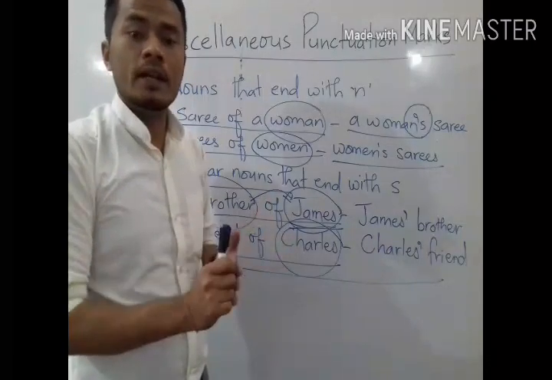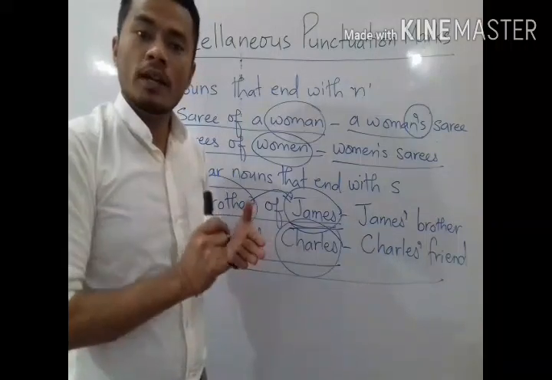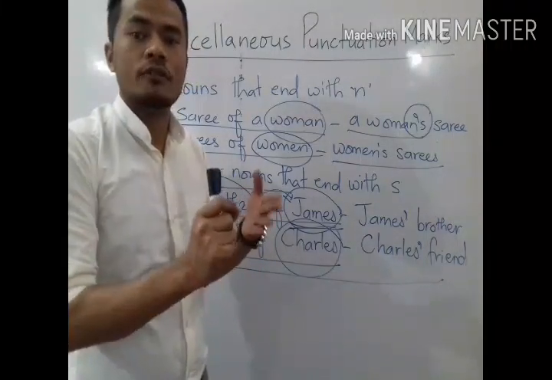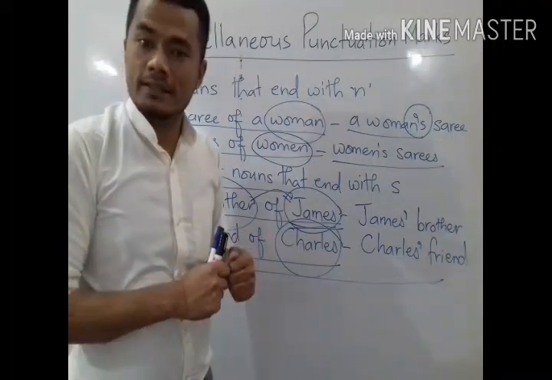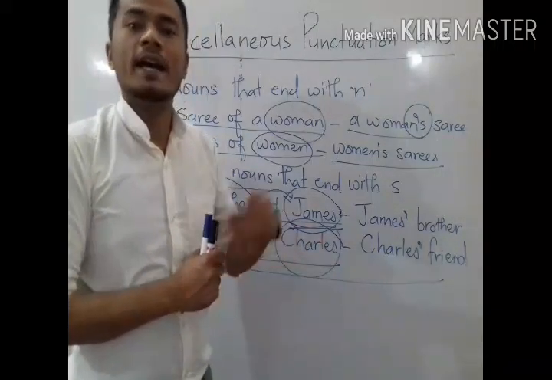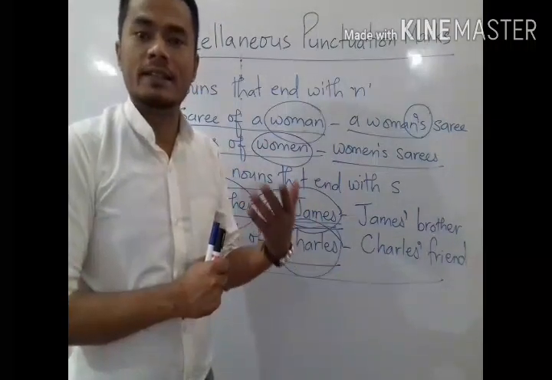But if the plural nouns do not end with s, they also need apostrophe s, and if the singular nouns end with s, we need only an apostrophe. Okay, I hope I have cleared the concept.